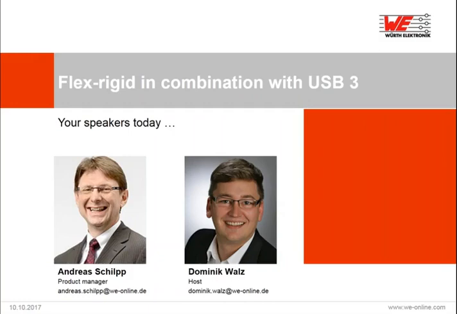Okay, so then another question: is it possible to have a good performance for USB 3 with FR4, or do you have to use material like PTFE? Oh yeah, that's the same direction as the question regarding the losses in the material. As I tried to show you, the polyimide itself is a low loss material.